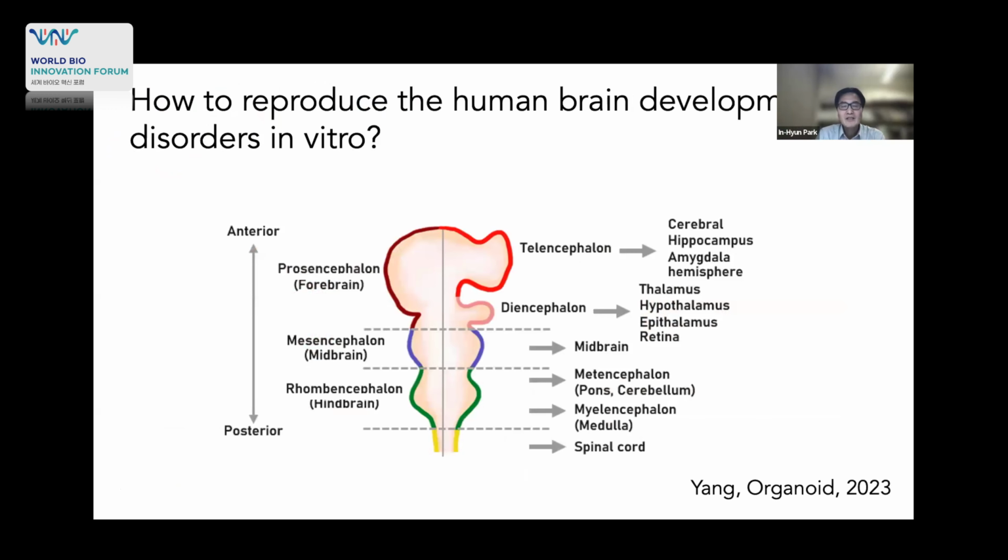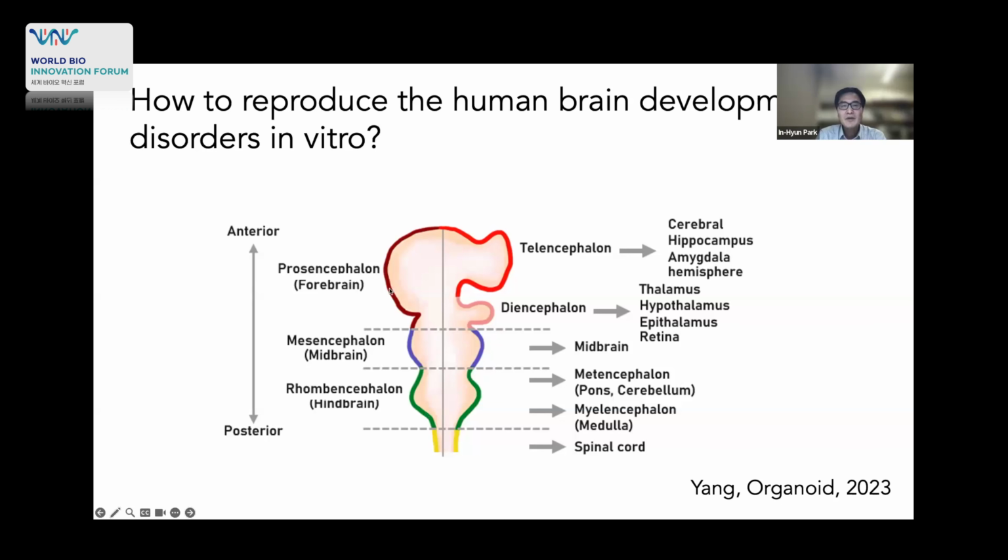One of the simplest questions for us is how we can really reproduce human brain development and maybe disorders in vitro. Over the years, people have been studying brain development, not just in humans but in animals, including the mouse, zebrafish, and even Drosophila, to understand the fundamental biology of the brain development process.